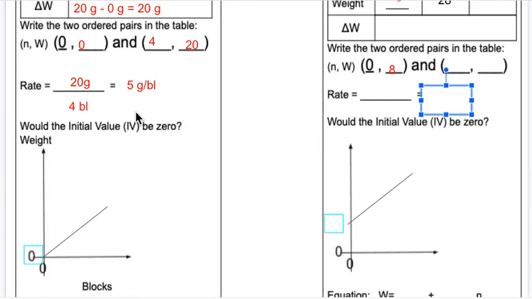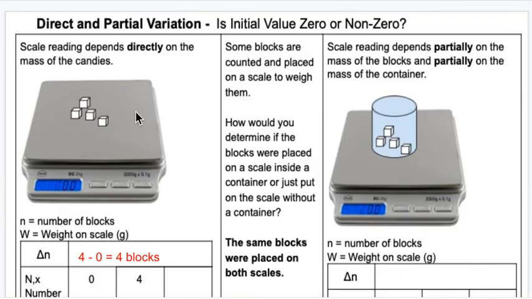By the way, we're going to call this direct variation. This is called partial variation, because you can see the scale reading depends directly on the mass of these blocks or these candies. Over here, it depends partly on the blocks, but partly on the container.